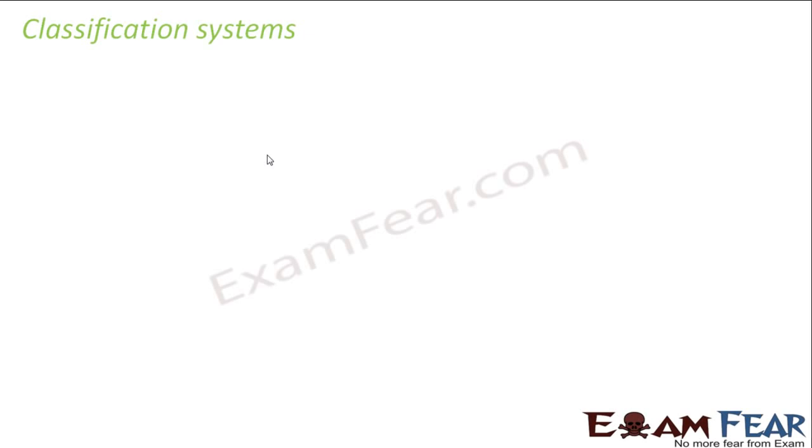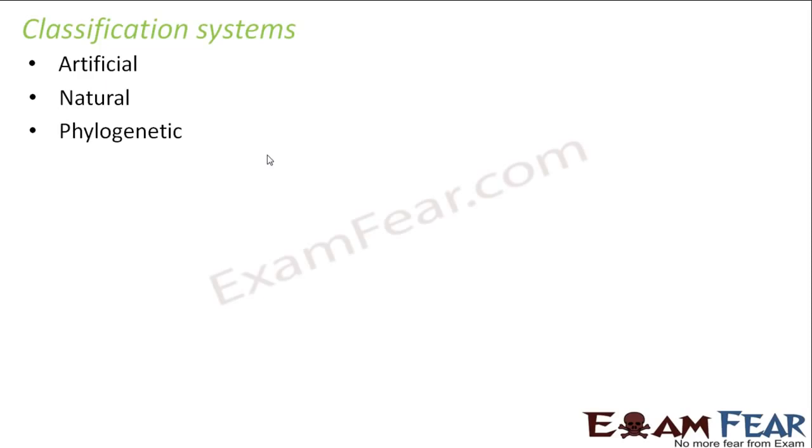So here we will discuss three classification systems, that is artificial system, natural system and phylogenetic system. We will talk about each of these systems one by one, and we will see that each of these systems has a different basis for classification.